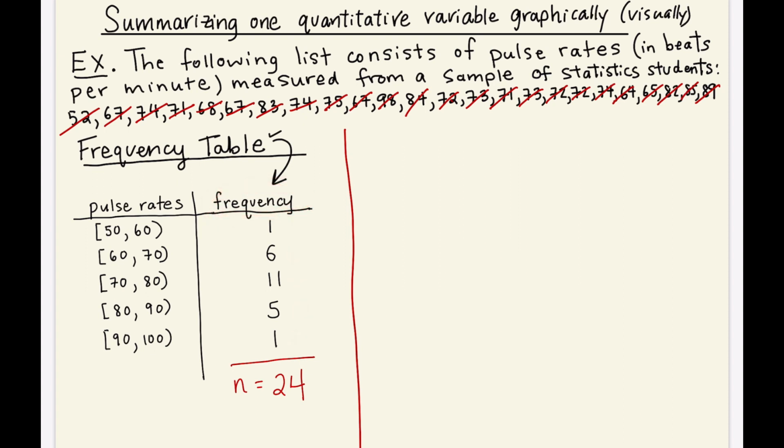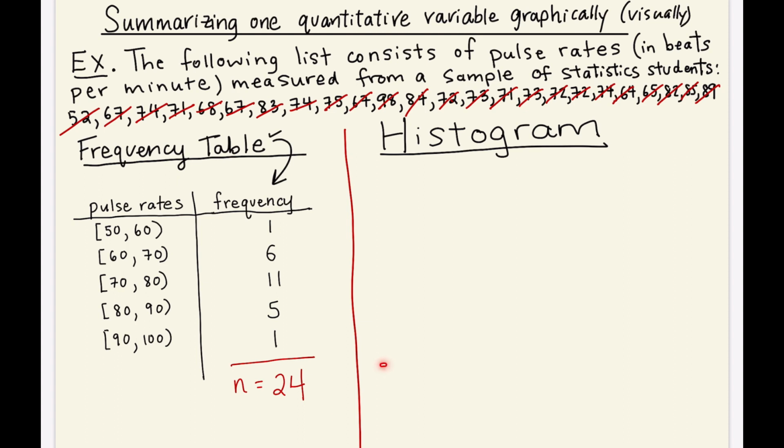In this video, we are going to construct another type of graph, one that is even more visual and nice than our frequency table, and that is called a histogram. How do we do that? Well, we're going to have two axes.